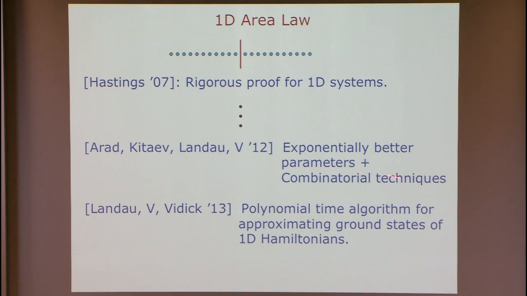In addition, there's also a polynomial time algorithm for approximating ground states of gapped 1D Hamiltonians. So this seems to go towards explaining somehow this result from condensed matter physics about DMRG, right?